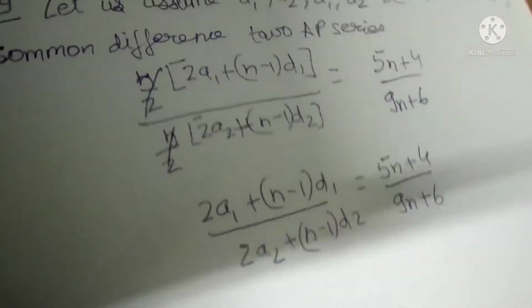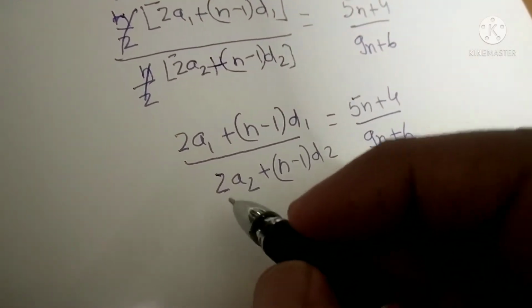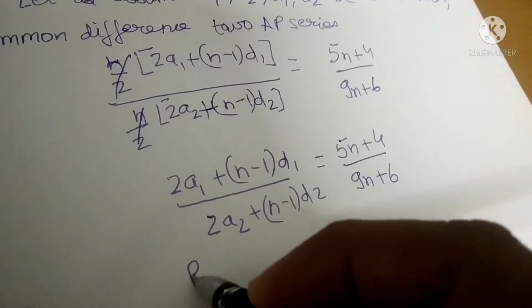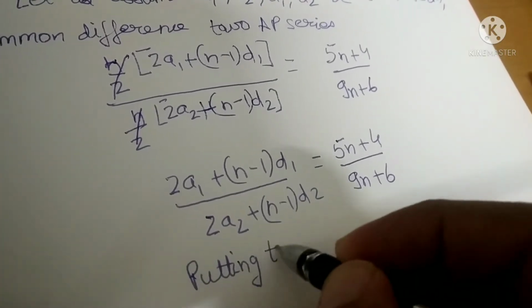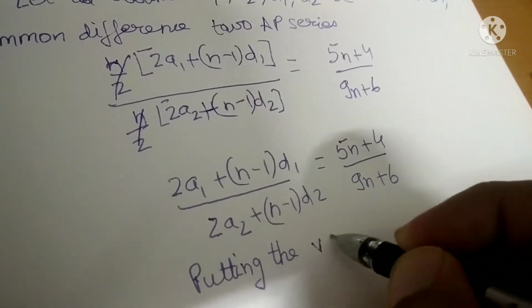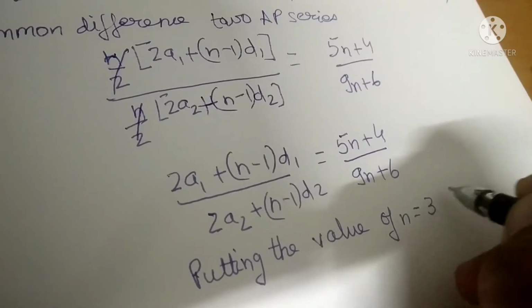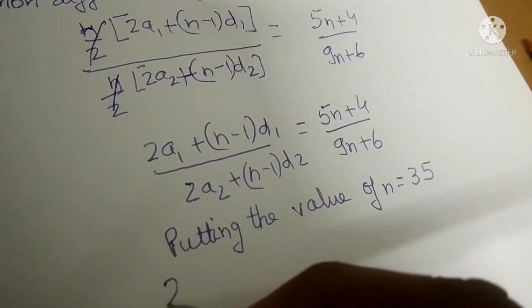So now we have to put the value of n is equal to 35. What value of n do we put? We put 35.